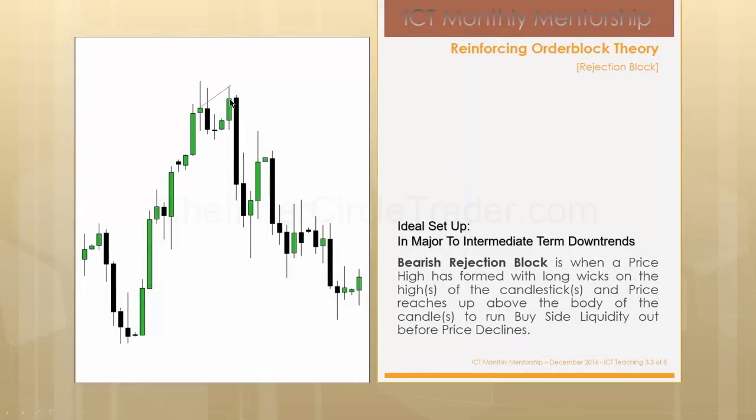This pattern here, shooting above this previous body or previous close, this is the highest close or highest open in this swing high. This candle here drives above it, clearing out the buy side liquidity and then rejection. Basically, what we're seeing is distribution.